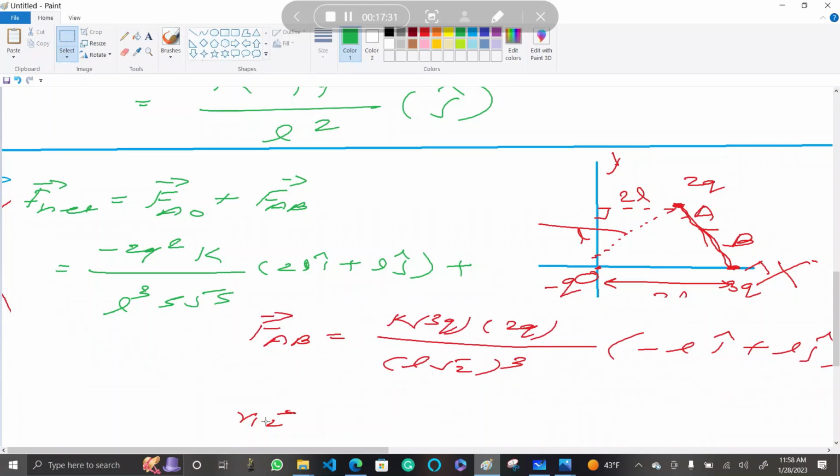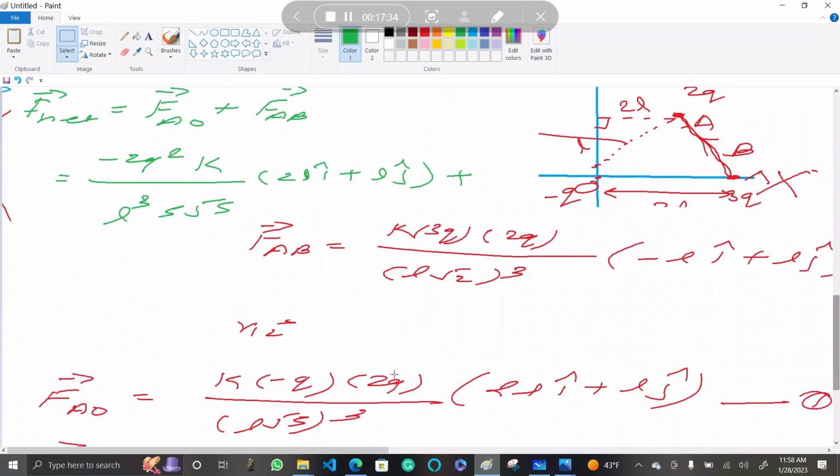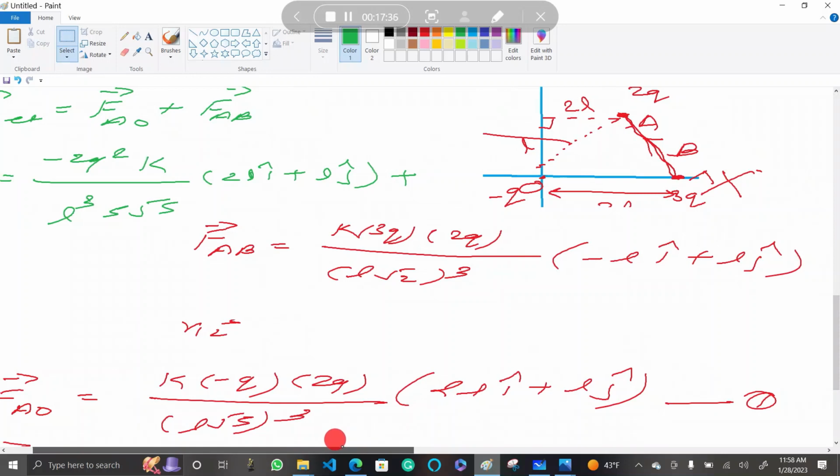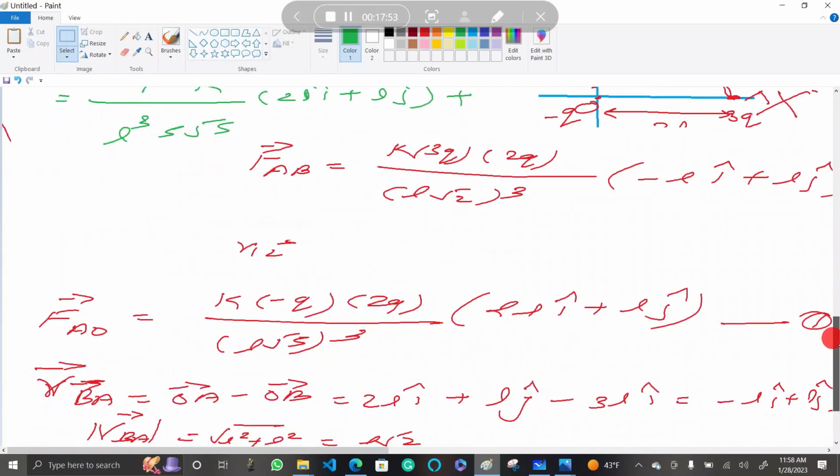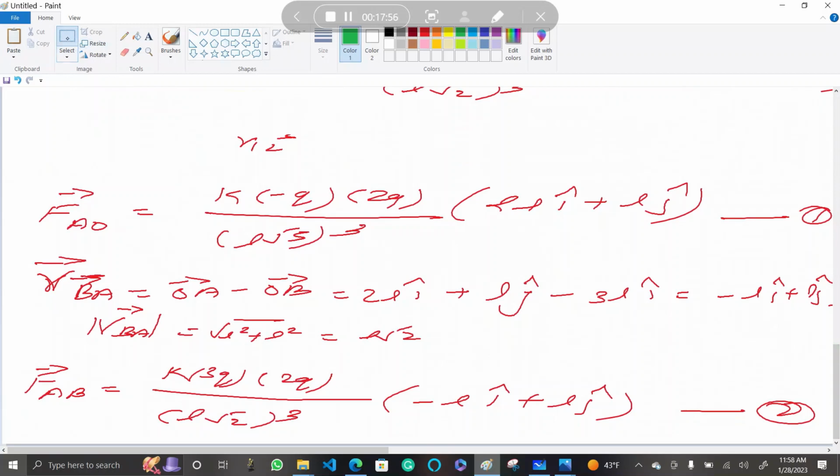Let me change the color of this part if it allows me.